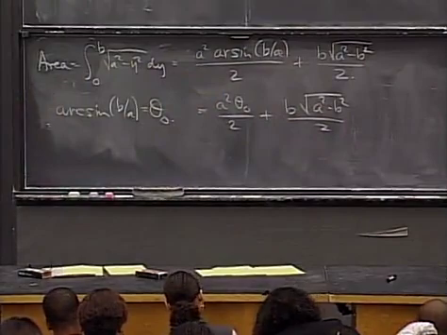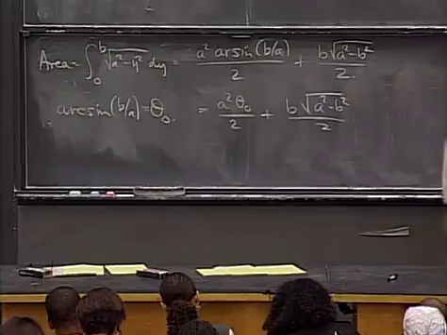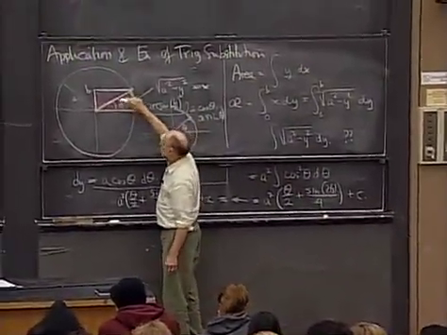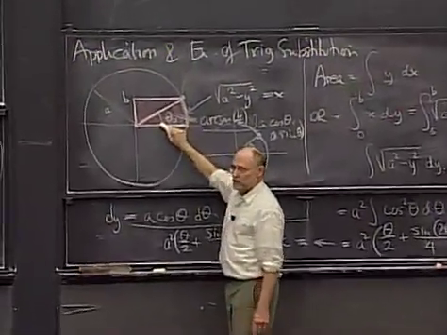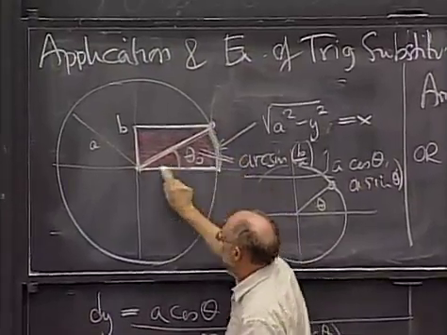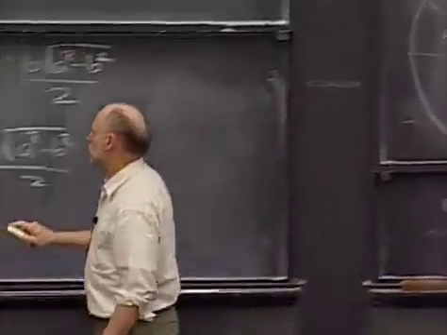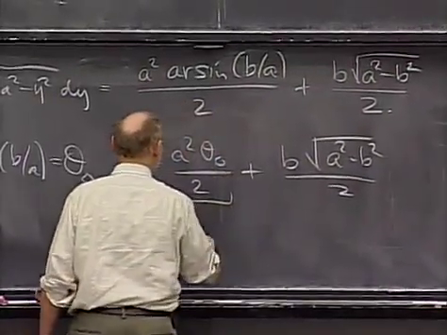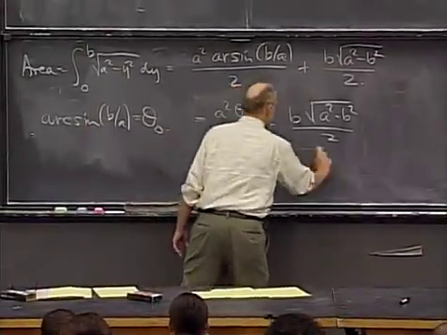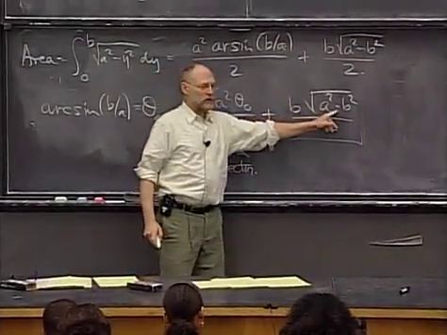Let's just think about this for a minute. I have these two terms in the sum. Is that reasonable? The first term is a squared, that's the radius squared, times this angle times a half. Well, I think that is exactly the area of this sector. a squared theta over 2 is the formula for the area of the sector. And this one, this is the vertical elevation. This is the horizontal.